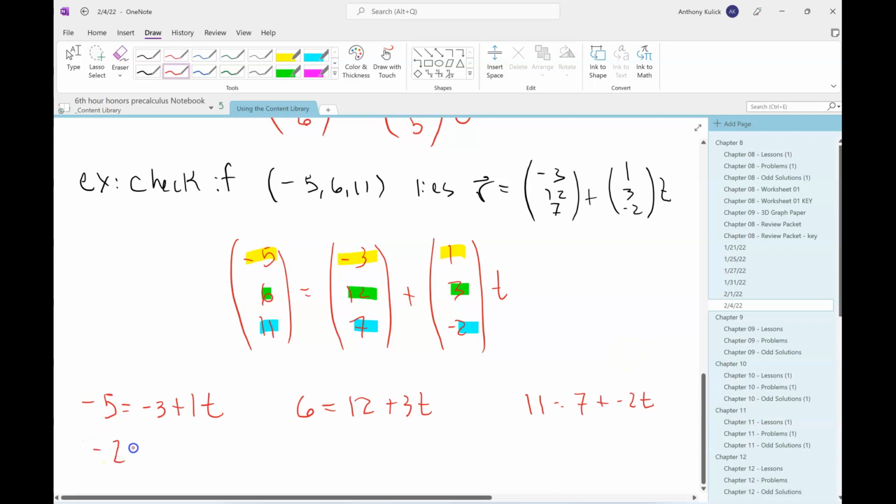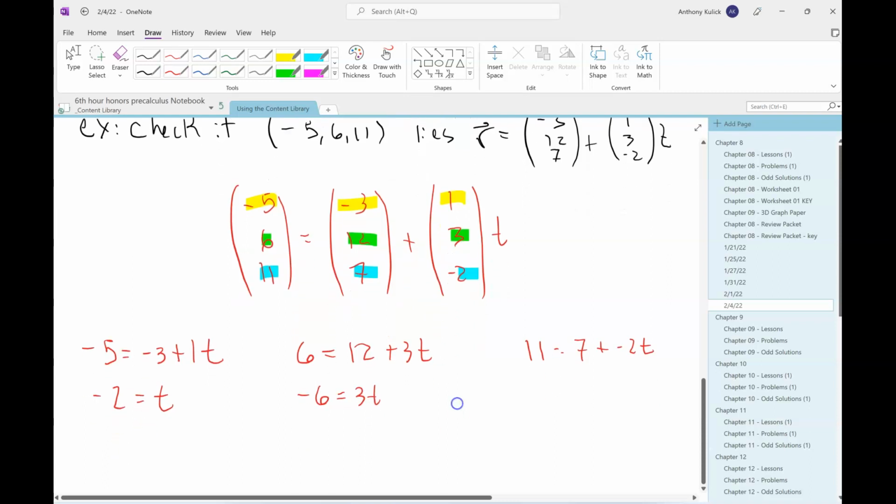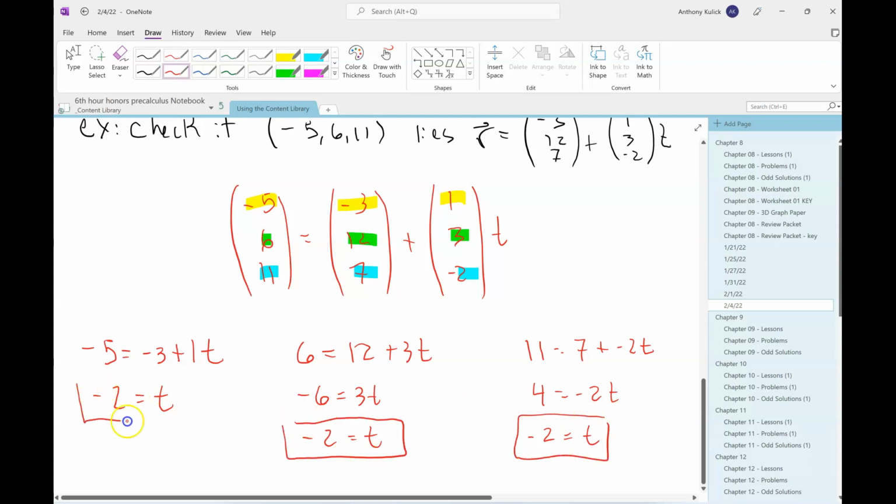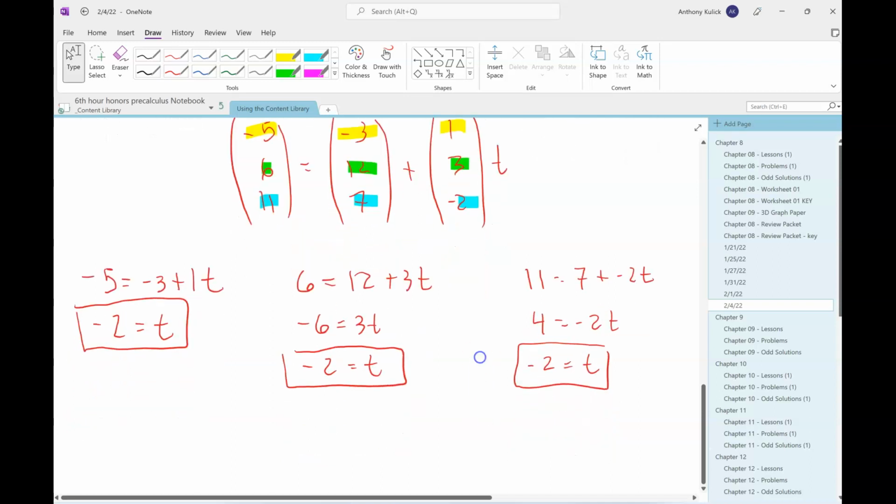If we get the same value for t every time, then we know that yes, that point does lie on the line. If at least one of the values of t is not the same, then we know it doesn't.